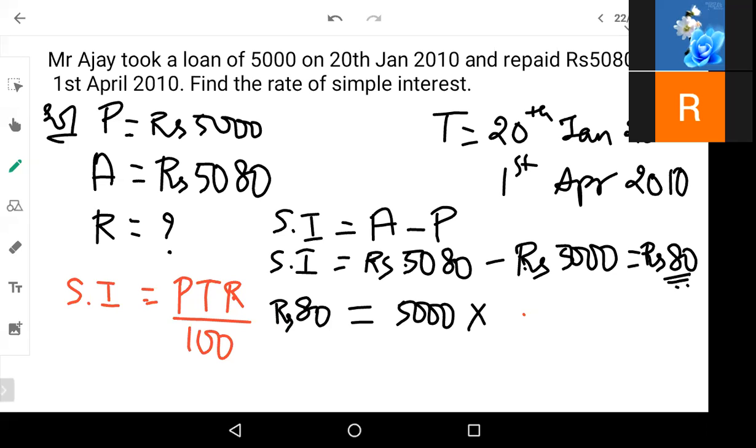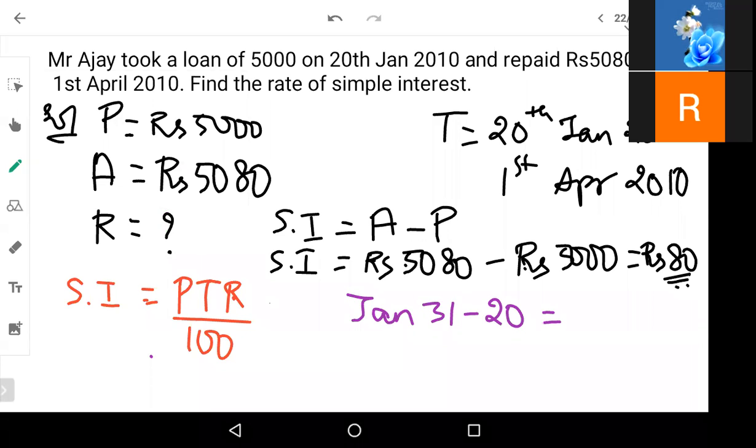Before going to this, let us calculate the time here. So January, you'll have 31 days. So 31 minus 20. How much do you get? Say it in the number of days. Later we will convert that to the year. So 31 minus 20, you will get 11 days.